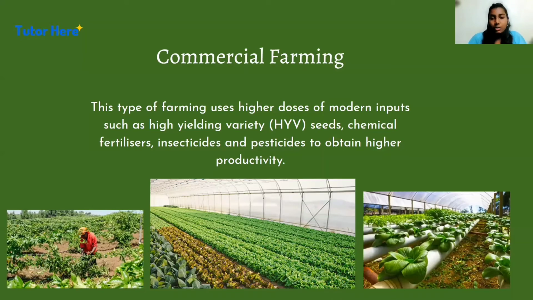There is a higher use of modern agricultural inputs, for example, HYV seeds, fertilizers, irrigation, and many more. The degree of commercialization varies from one region to another. Rice is a commercial crop in Punjab, while in Odisha it is a subsistence crop. Example: plantation agriculture.